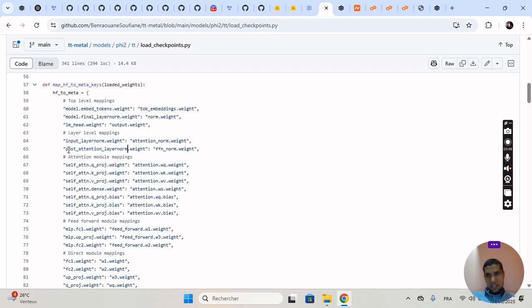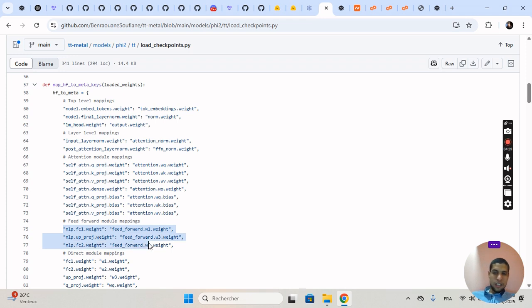I didn't change it, although it doesn't exist in Phi 2, so I already replaced it with dummy weights, so it makes no sense whether this is edited or not. Input layers are the same, self attention QKV also are the same. Here are the O weights, which I replaced with dense, thus they don't have the same names.